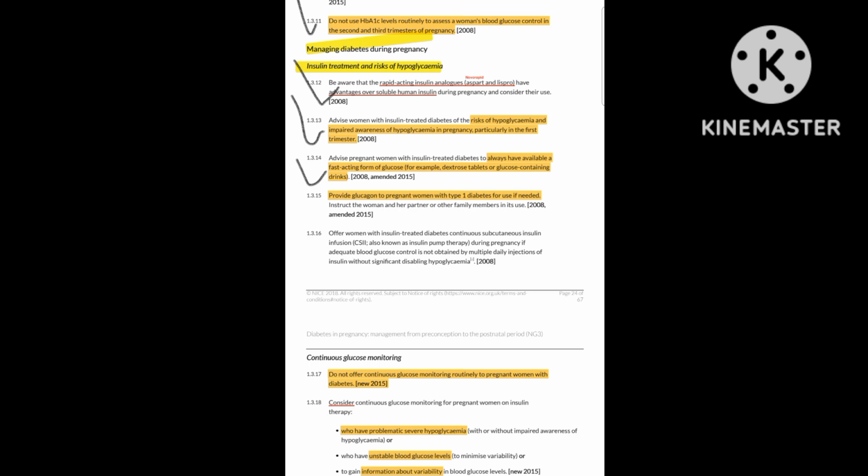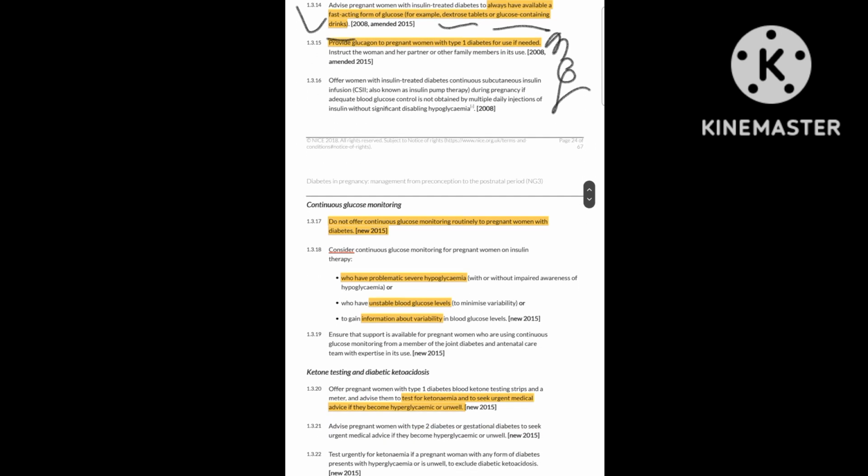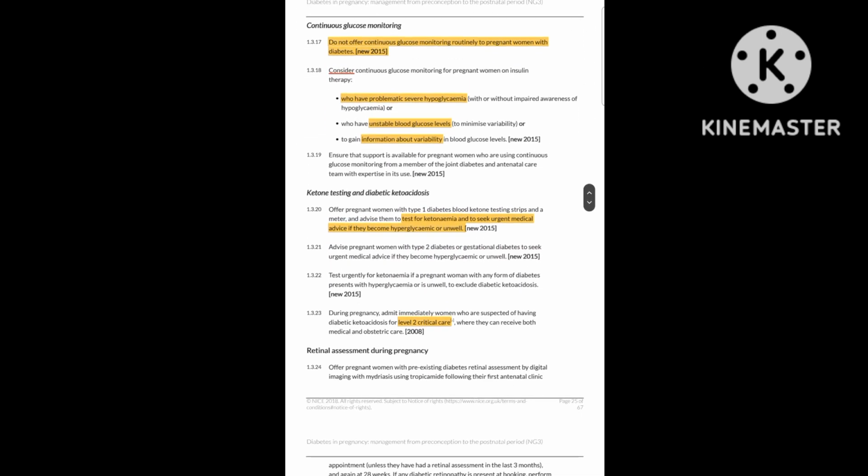Advise them to always have available a fast-acting form of glucose, for example dextrose tablets or glucose-containing drinks. Provide glucagon to pregnant women with type 1 diabetes for use if needed, and instruct the woman and a partner or family members in its use.